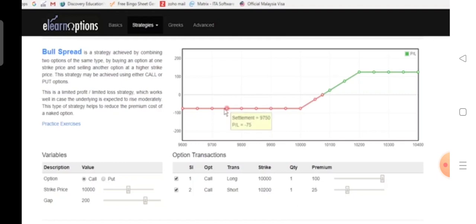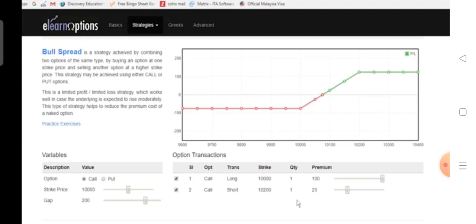That is the maximum loss, as we can see here. And the maximum profit will be the difference in the strike prices, that is the spread. So we have a 200 rupee spread. So 200 minus the maximum loss, 200 minus 75. So the maximum profit will be 125, as we can see here.